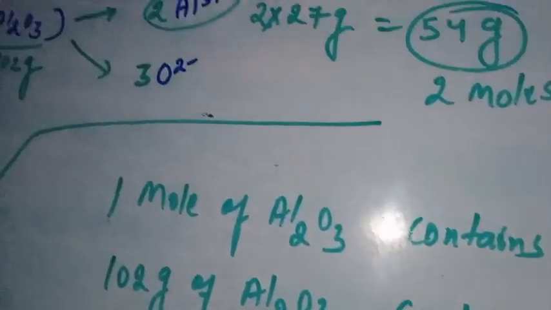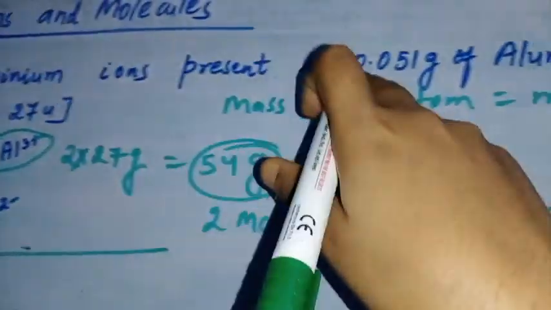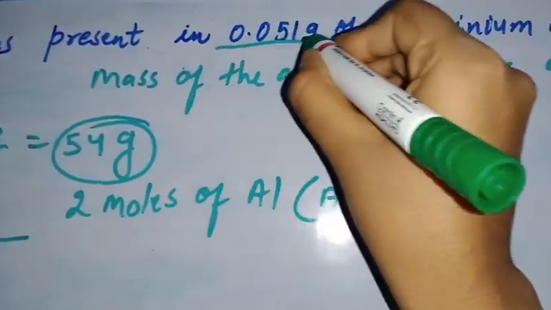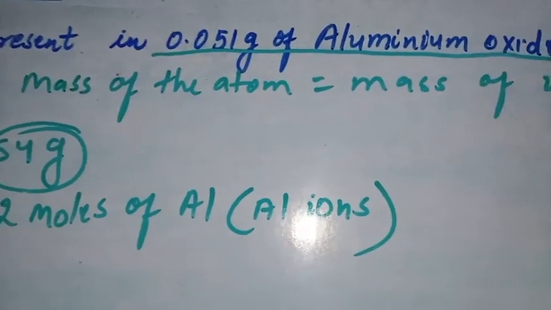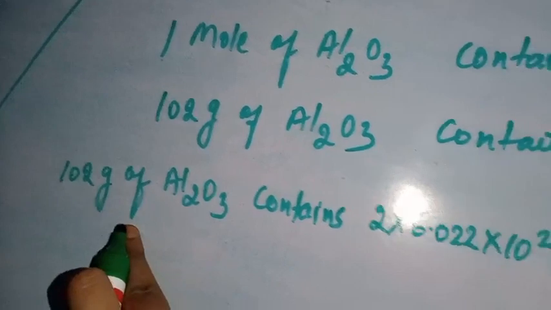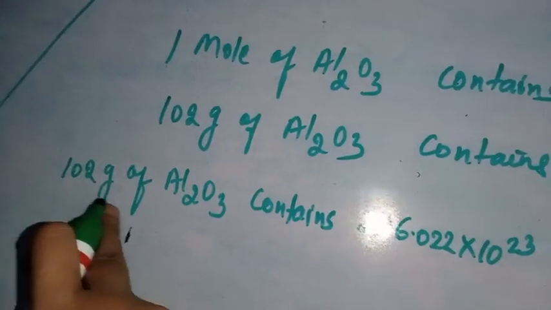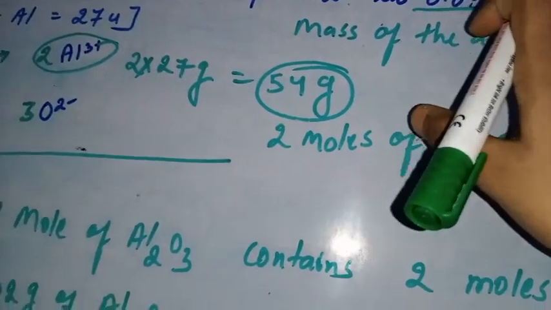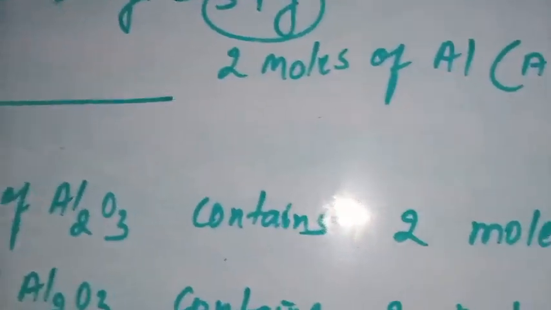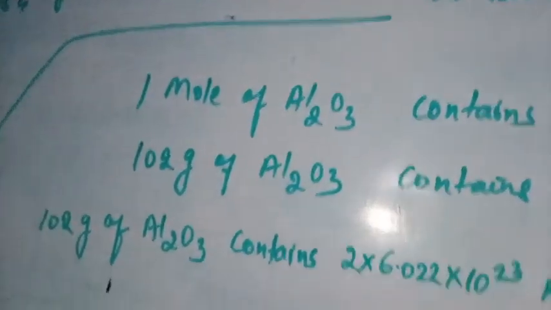Now what is asked in the question? To calculate the number of aluminium ions in 0.051 gram of aluminium oxide. We know the number of aluminium ions in 102 grams of aluminium oxide. We have to calculate how many ions are contained in 0.051 gram of aluminium oxide.